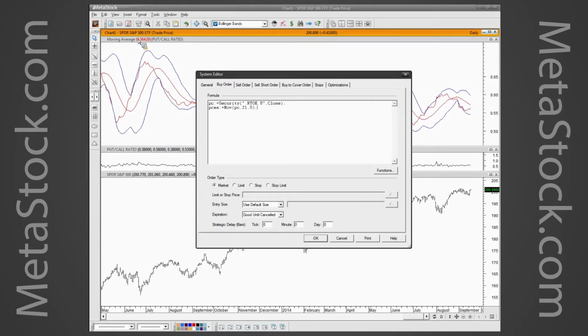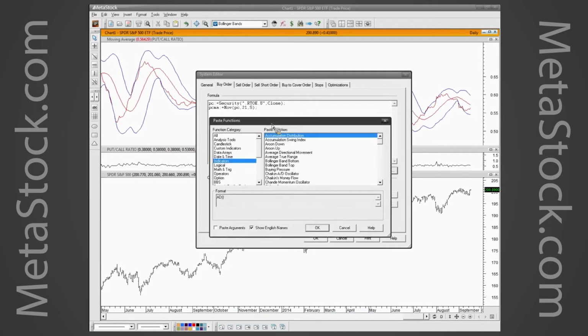If I wanted to use the function table for that, I could click Functions here, and I get this function table that opens up.